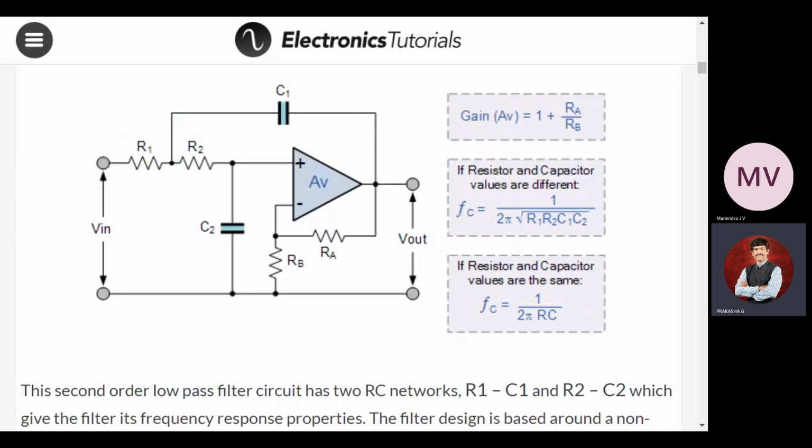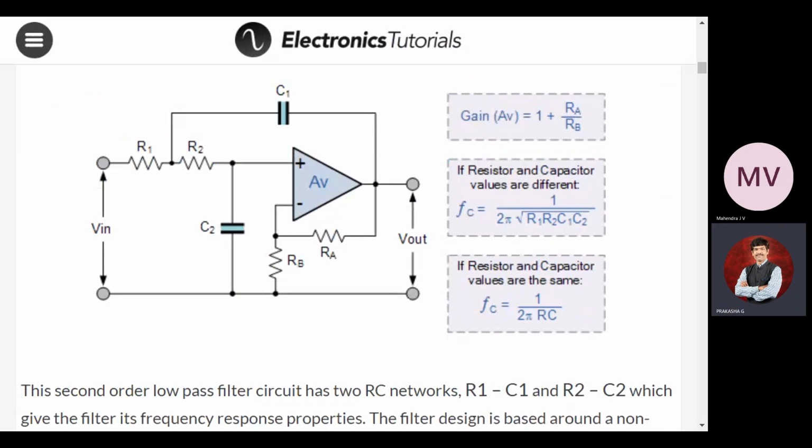For the inverting terminal, we have one resistor, that is R1, and a second resistor, that is RF, the feedback resistor, and RL. This is your R value and this is your C value. This is with respect to the first order.